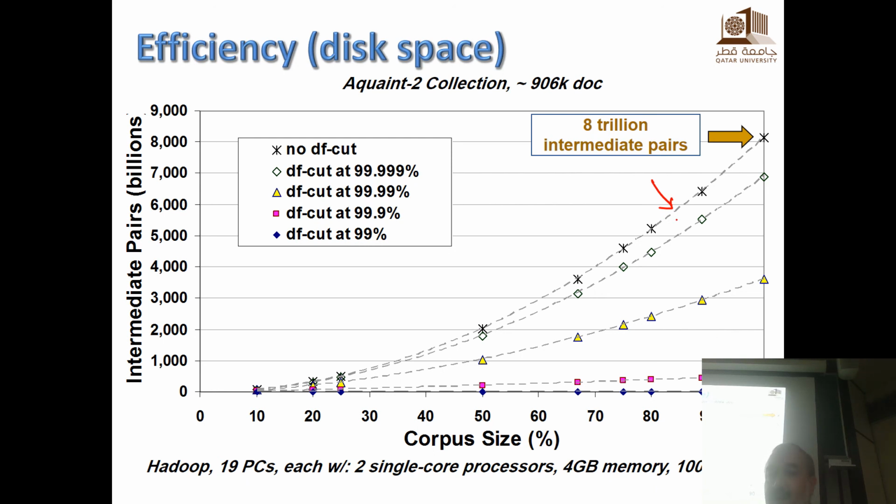What are these other curves? So this is the no DF cut curve. That's the original one, if we used all the terms in the collection. Now, if we did the cut at 99%, which means that we will get rid of the most frequent 1% of terms in the collection, we will get this blue one.